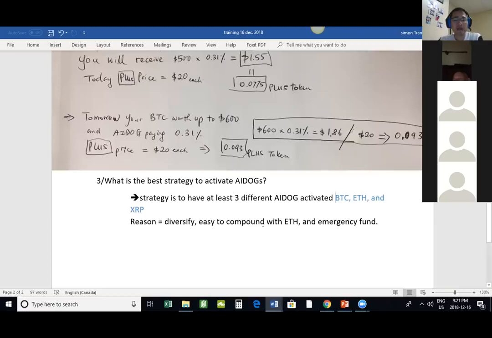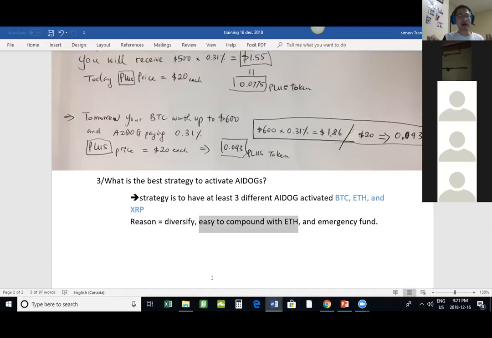And another advantage, if you have Ethereum in your AI dog, it's easier to compound daily. Because if you have a $500 minimum Ethereum AI dog, and every day you want to do compounding, you can sell your Plustoken and convert into Ethereum very easily, right?